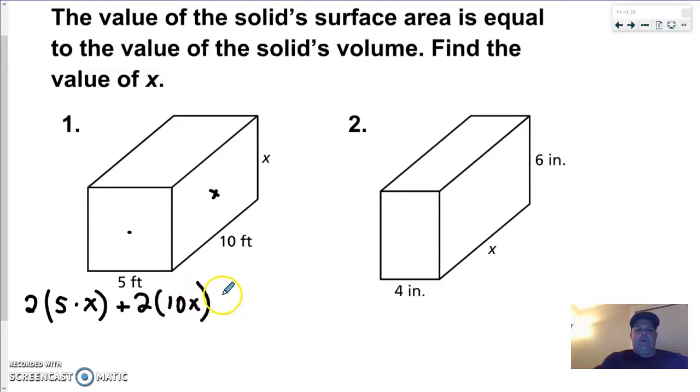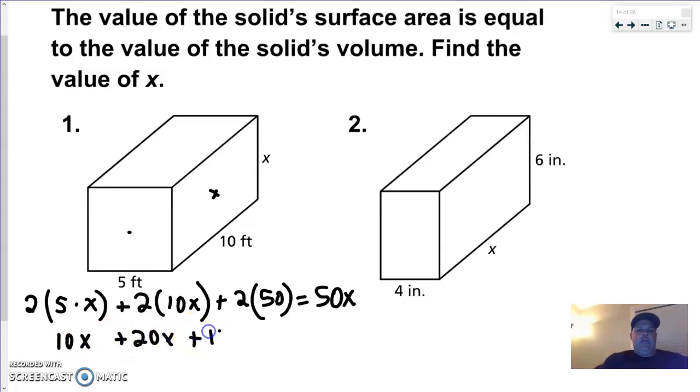And then on top, I have plus 2 times 5 times 10, which will give me 50. And that is going to equal 5 times 10 times x, which is 50x. When I distribute this, I get 10x plus 20x plus 100 equals 50x.